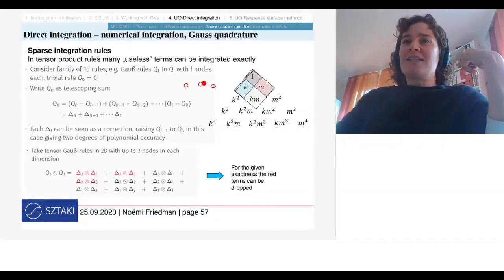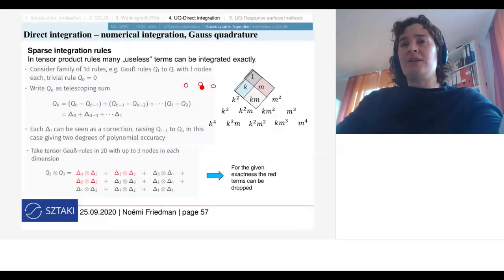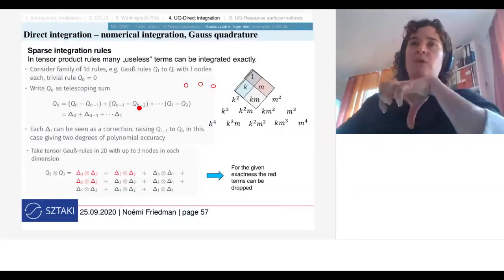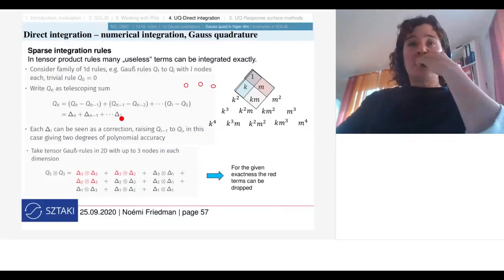So then I have to cancel out these points. So I multiply it with the negative weight of the 1D rule, and I multiply these solutions with the weight of the 2-point rule. And this is how I get the differences. This is how I get from 1 point to another one.